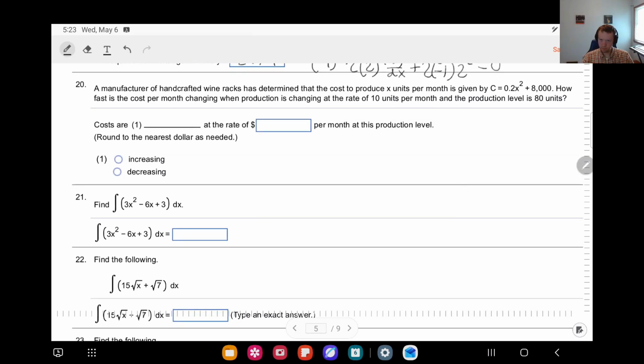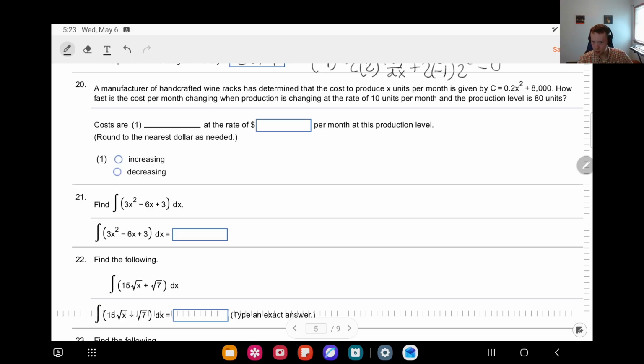Number 20. Got a manufacturer of handcrafted wine racks, and we have a cost function of x units per month. Okay, right here, the C. So how fast is the cost per month changing?